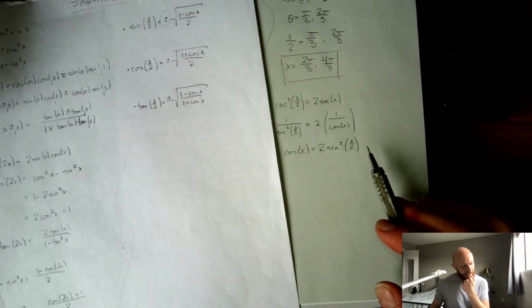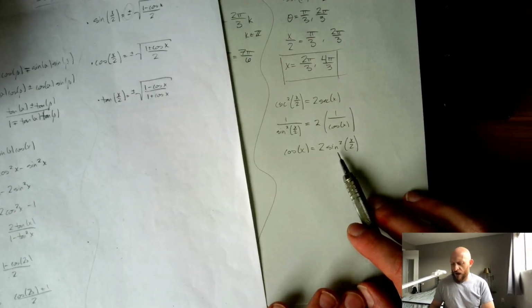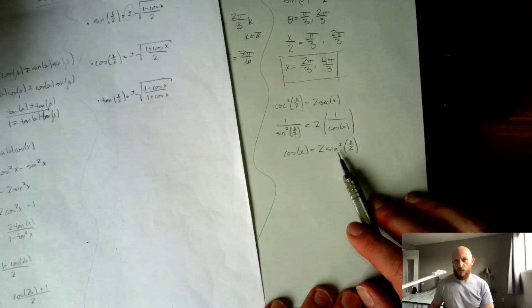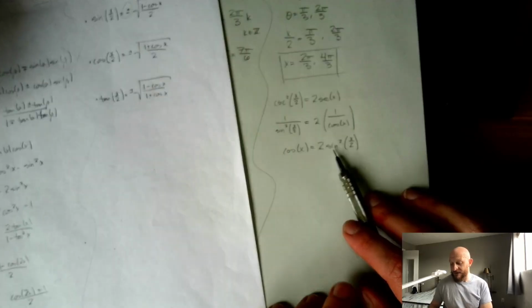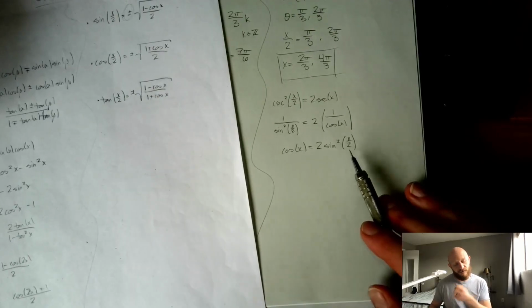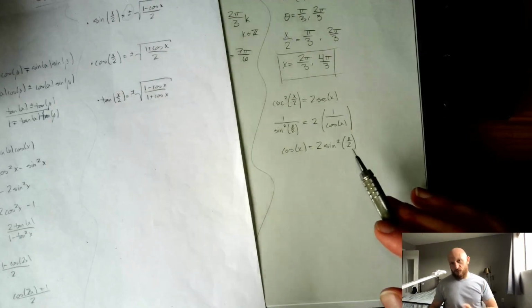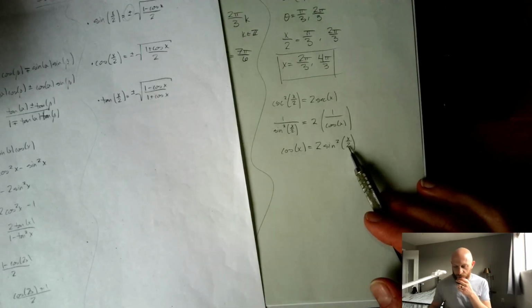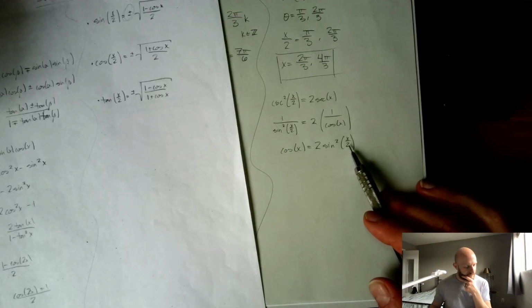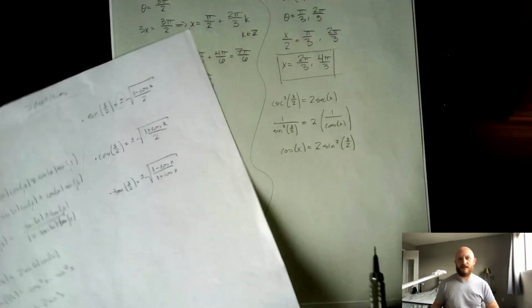The first time that I tried this, my initial thought was maybe I should rewrite sine squared using the Pythagorean identity, as 1 minus cosine squared of x over 2. And that didn't really go anywhere. Yes, this is exactly what I did.